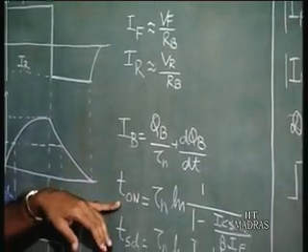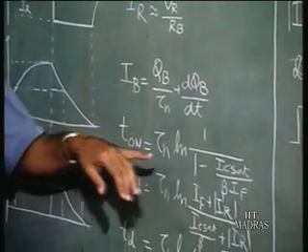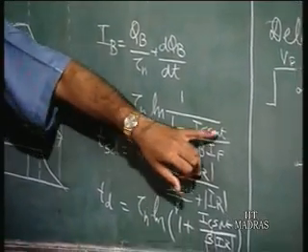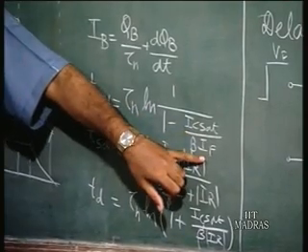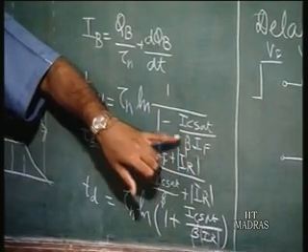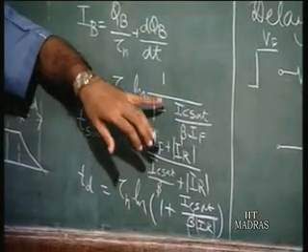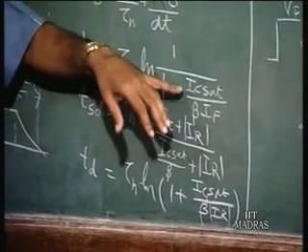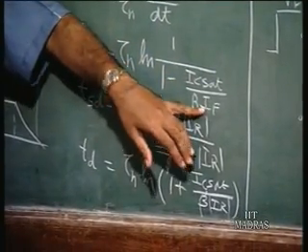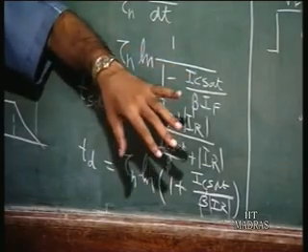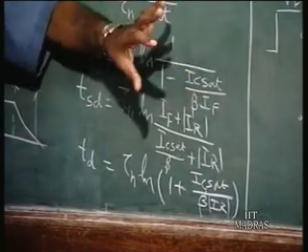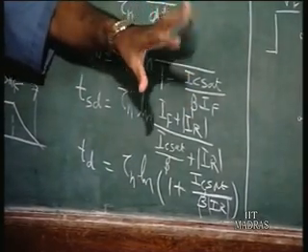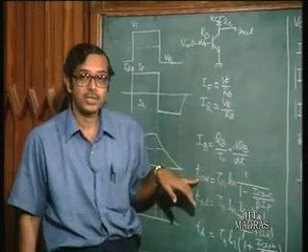If you look at these expressions now, say T on, you have IC sat by IF. What happens to IC sat if you increase RC? It reduces, and IF, because you are increasing RB, also reduces. It reduces by the same amount if you are increasing both the resistances by the same factor. So what happens to T on?